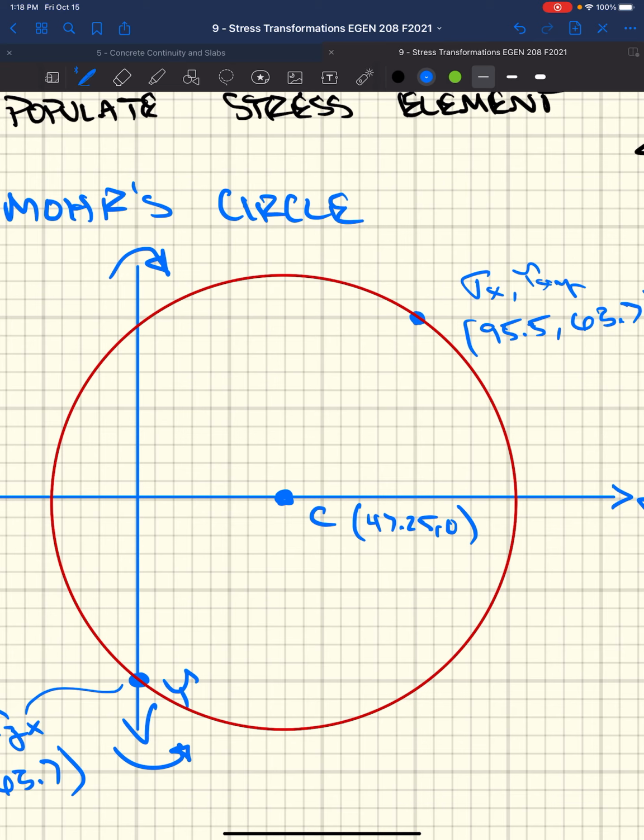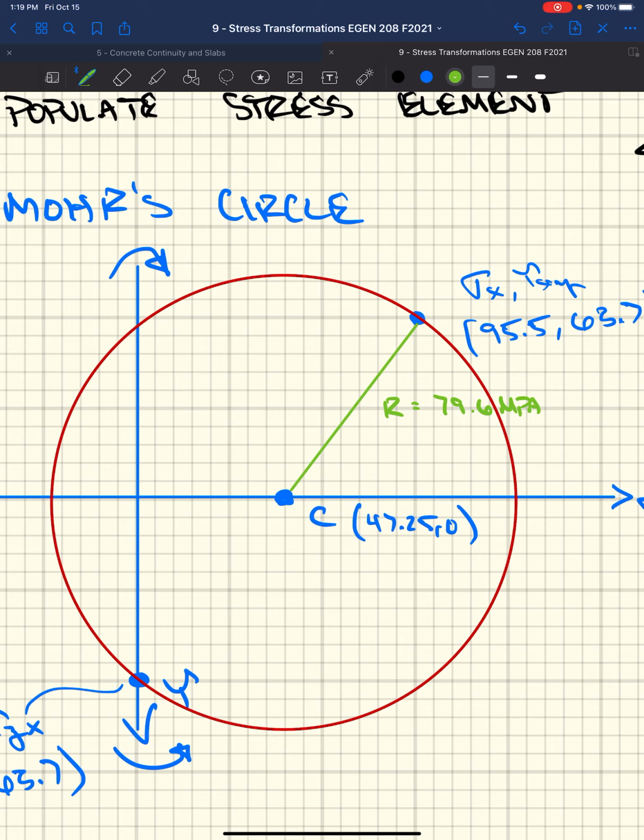It's on the x-axis. The center is always going to be on the x-axis, okay? Our radius we just calculated. That's this guy here, right? That's our radius. And we calculated that to be 79.6 megapascals.